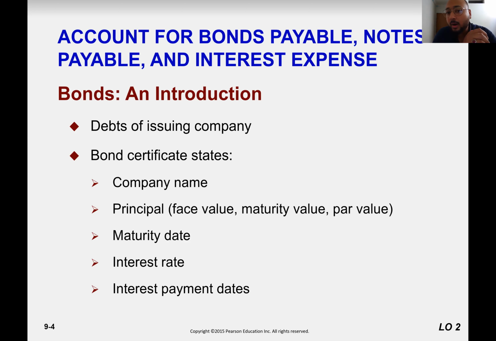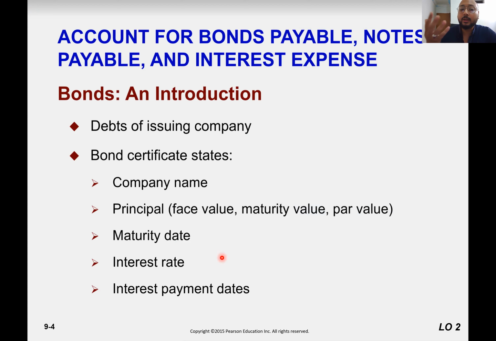So the introduction of the bond. Bonds payable, in short form, we call this bond. A bond is a debt of the issuing company. Why do we issue this bond? Basically, there are two sources of funds.